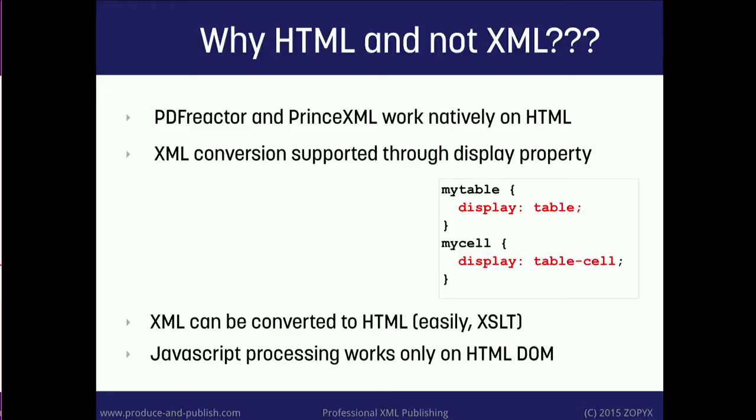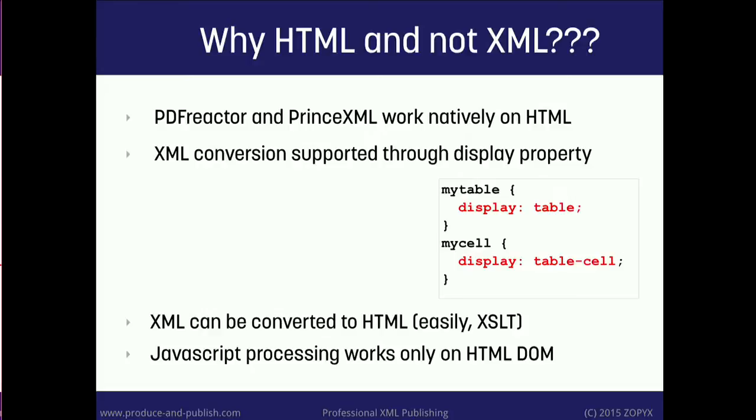So basically, there's always an easy way going from XML to HTML as input. On the other hand, if you want to have native XML processing, here you can always use the display property in CSS. You can say, for example, when you have a tag element, my table, you can give it semantics by using the display property and say, okay, this should be rendered as a table, or when your cell tag is called my cell, you can just give it the semantics of table cell.